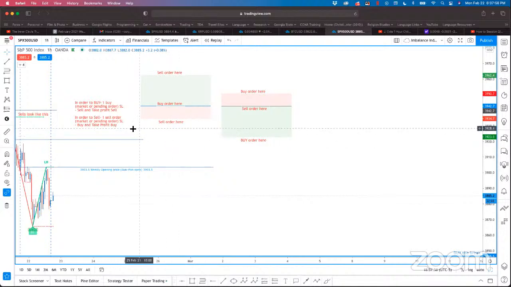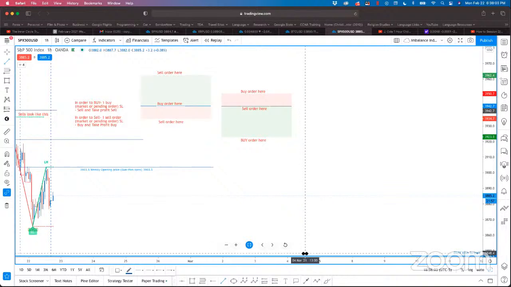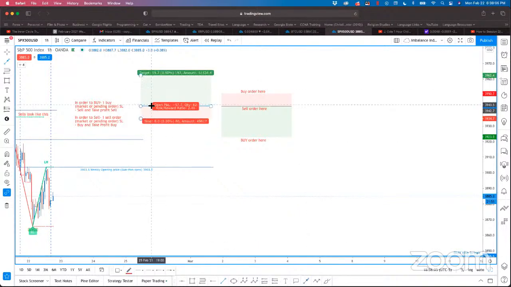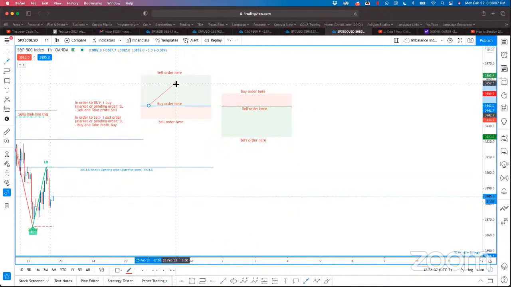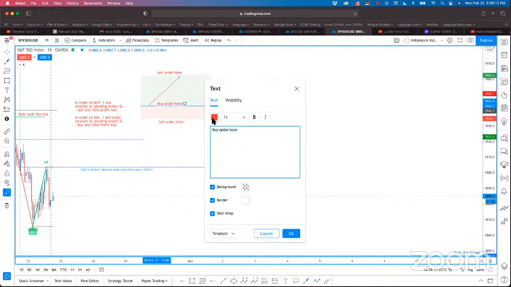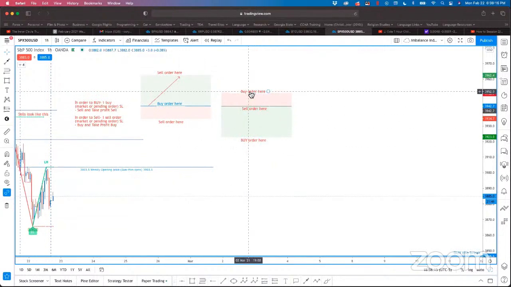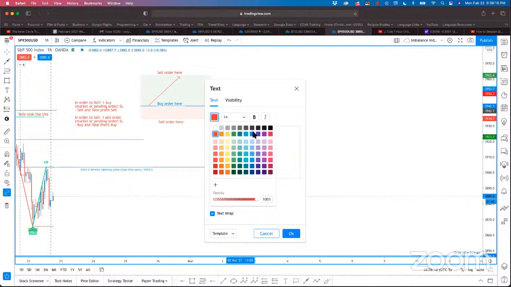Okay, so if I'm in a buy order, meaning that I want the market to go up, I'm going to buy from here, right? I'm going to buy from here.